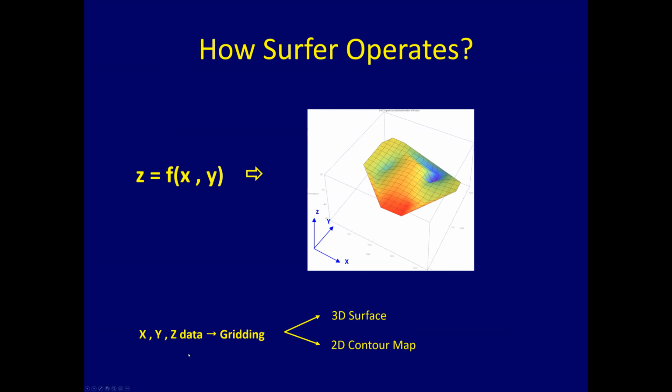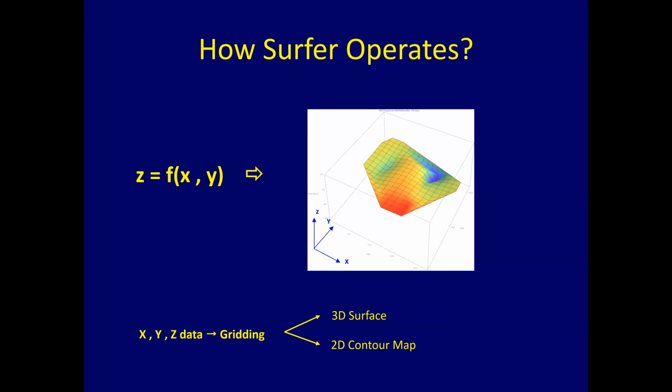So how does SURFER actually operate? You have to provide X, Y, Z data. Then SURFER makes so-called gridding. It reads the data in and makes a kind of interpolation. The default interpolation method of SURFER is called kriging. Krige was a mining engineer in South Africa who developed an algorithm with which he could make very nice mappings and distributions of minerals, gold and so on.